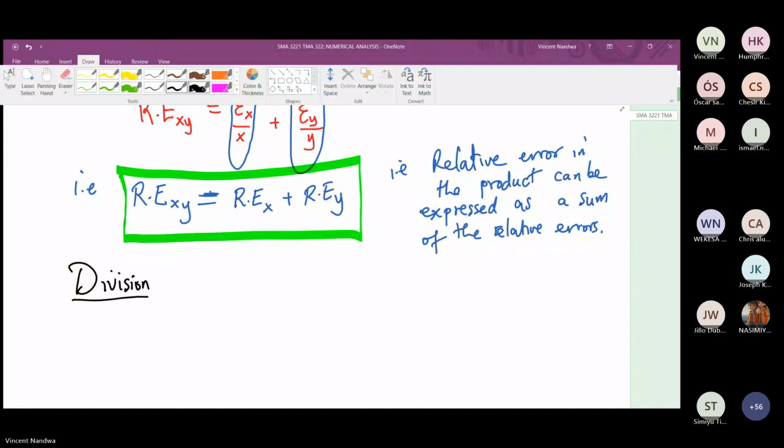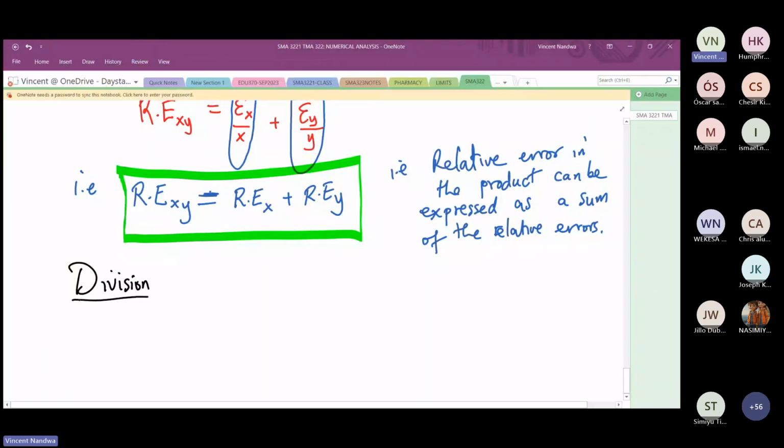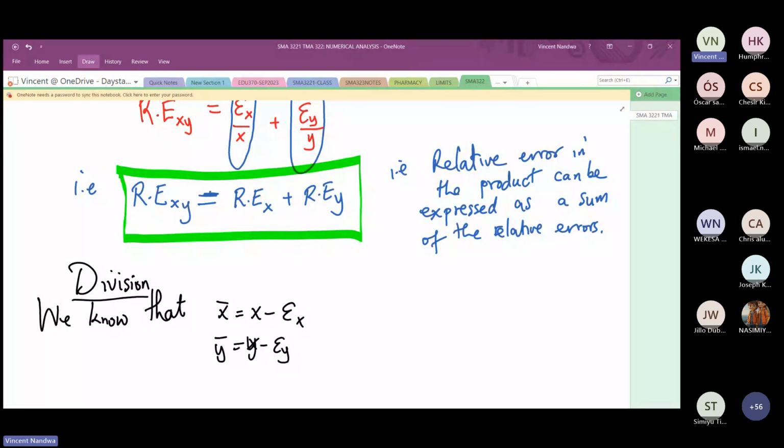So division, we use the same script. We know that x is x minus error in x, and y is y minus error in y.